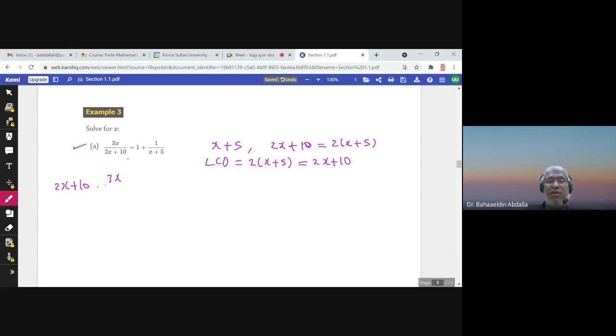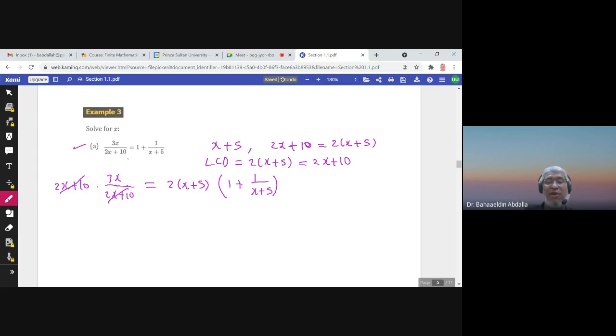I will write it as 2x plus 10 on this side to see that they cancel with each other immediately. The right hand side has two terms. Both should be multiplied by 2 times x plus 5 or 2x plus 10. Good.